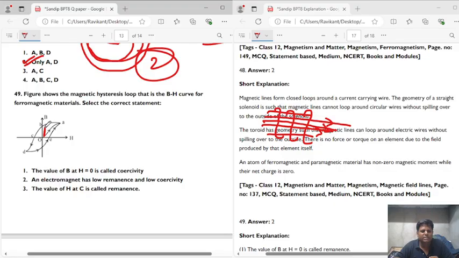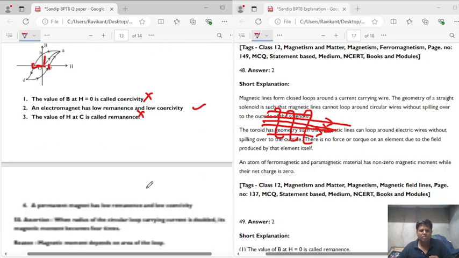So this is wrong. We need the correct statement. An electromagnet has low remanence and low coercivity. This is correct. The value of H at C is called remanence? No, the value of H at C is known as coercivity. So this is again wrong.